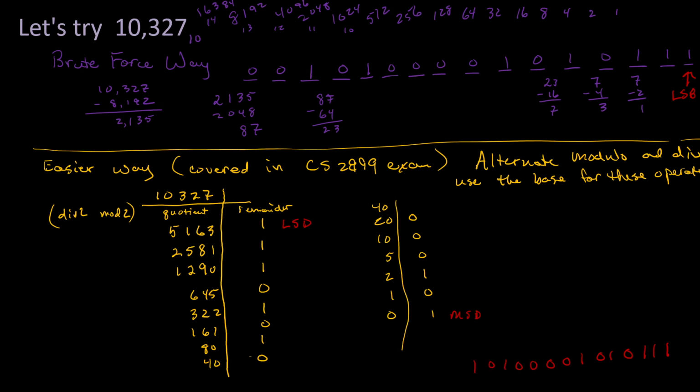Which should match 1, 0, 1, 1, 0, 1, 1, and then 1, 0, 1, 0, 1, 0, 1, 0, and then 1, 1, 1. So they're the same numbers. If you can figure out whether a number is even or odd and be able to divide a number by 2, then this becomes a very easy way to do the translation from one to the other.